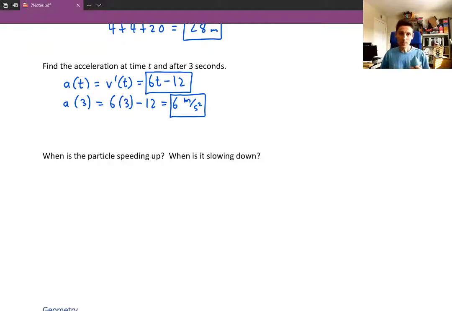So if you're talking about speeding up, there are two situations where the particle or the water droplet can be speeding up. One is if the velocity is positive, and so what I'll do is point Mr. Water Droplet in the positive direction, and have him move in the positive direction.